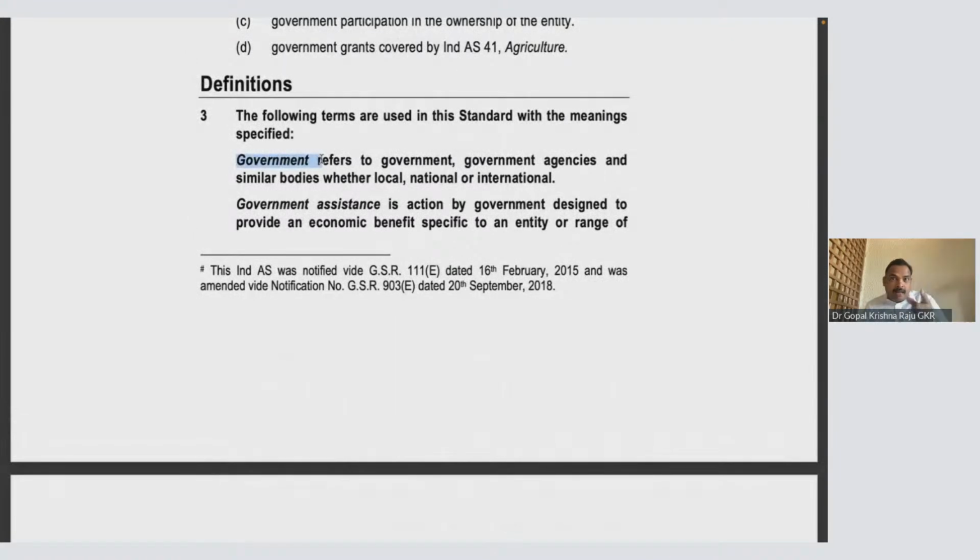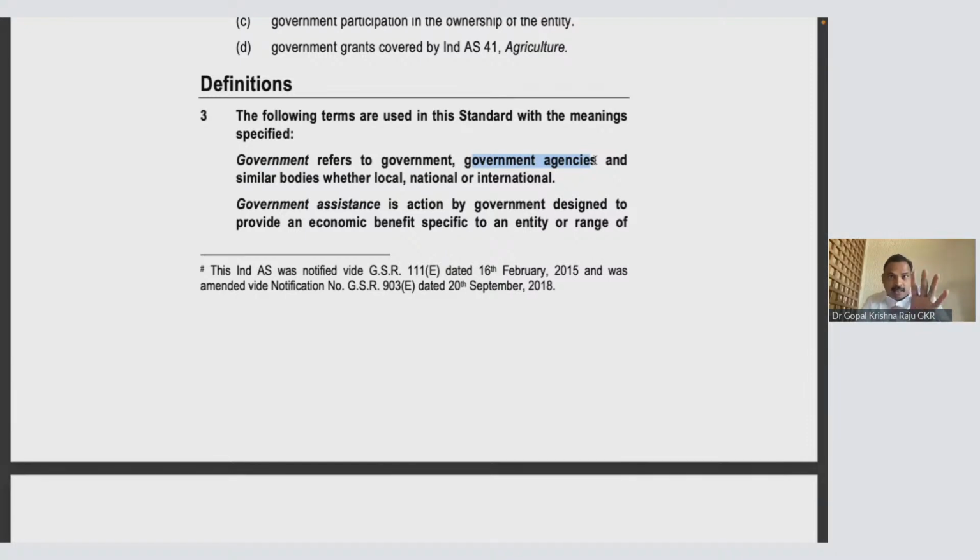We have already discussed this in yesterday's session also in IndAS 41. These definitions are the same. Government refers to central and state government. Government agencies: yesterday I gave a very big list of government agencies. Every ministry has a government agency, and they are also government.